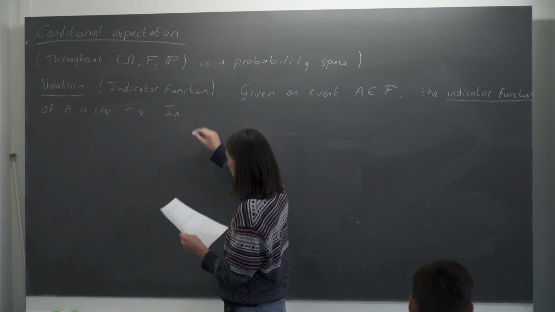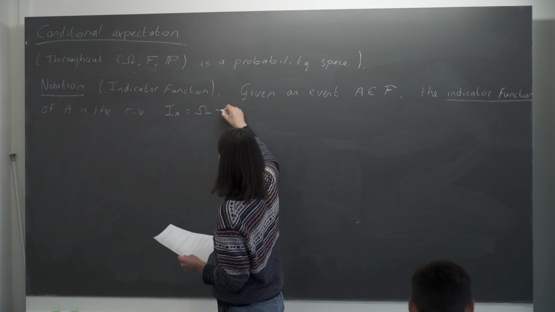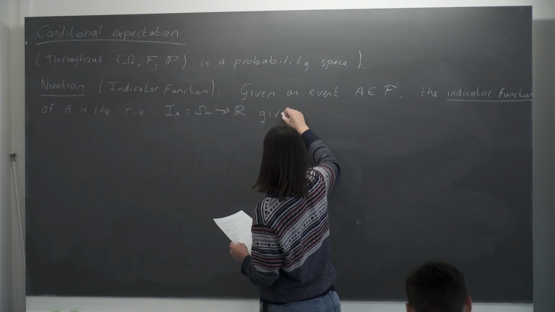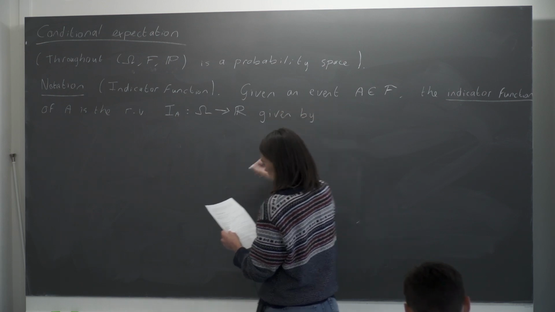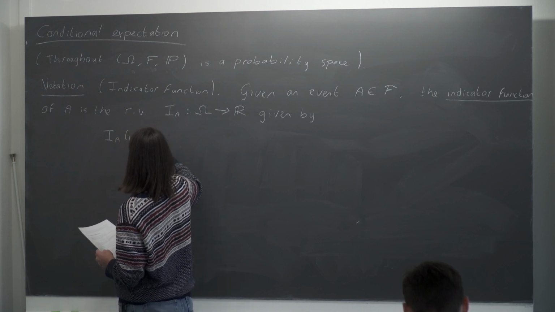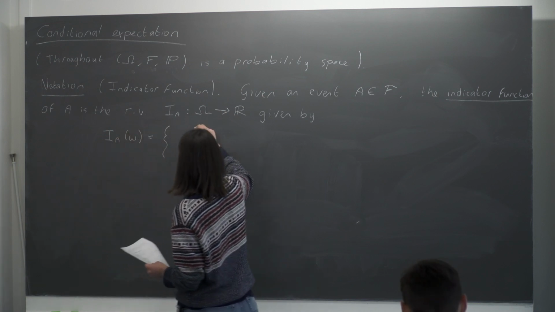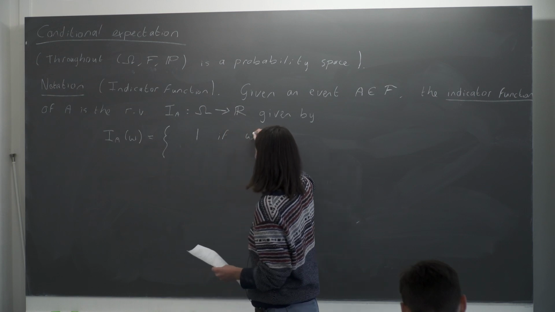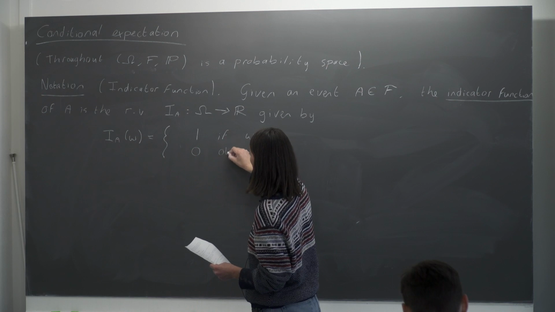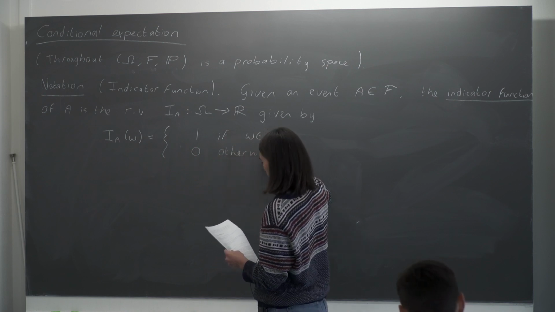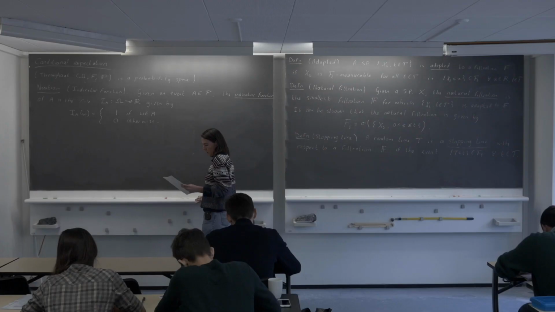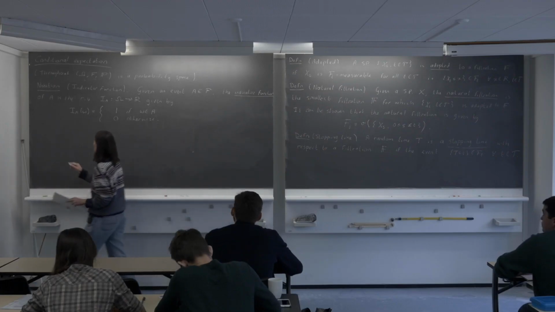There's a lot of different notation around. I'll use capital I, from Omega to the reals, given by I_A(omega) is equal to 1 if omega is in the event A and it's equal to 0 otherwise. Okay, so now we can give our definition of conditional expectation.